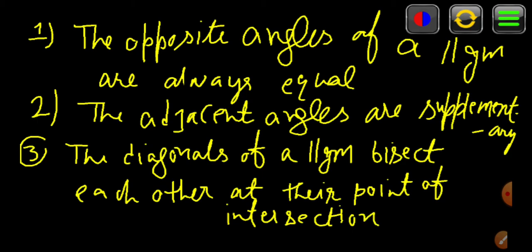So what are the main properties? The opposite angles of a parallelogram are always equal. Adjacent angles are supplementary. The diagonals of a parallelogram bisect each other at their point of intersection. With these properties, we are able to solve the whole exercise 3.3. Now, I will discuss these three points just within a minute.